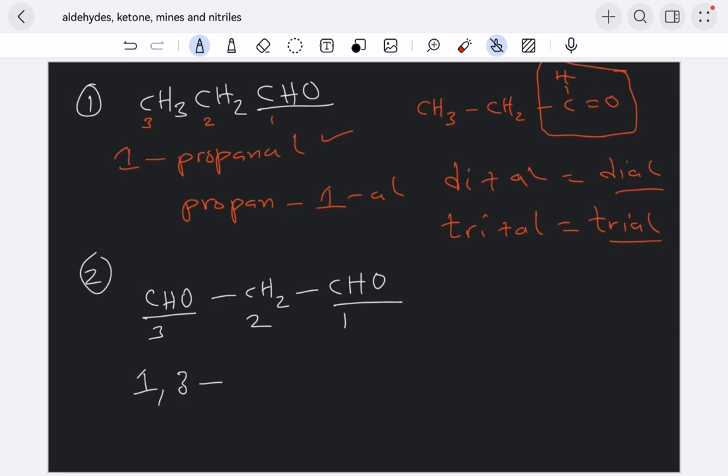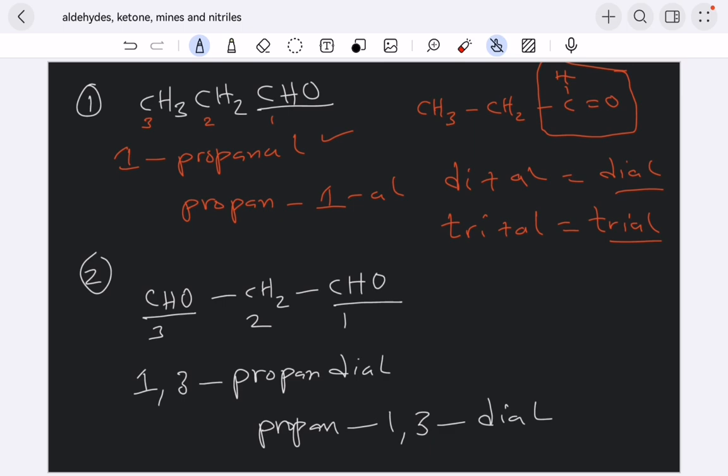So this can be called 1,3-propandial, or if you want you can present it as propan-1,3-dial. So it's the same principle that we have been using even in the previous videos when we are looking at different compounds. So basically that's the necessary information about aldehydes.